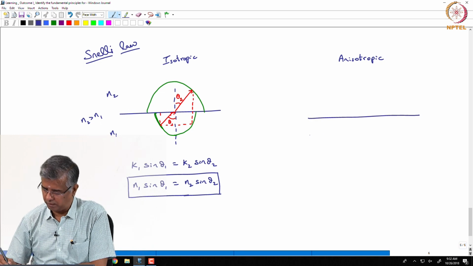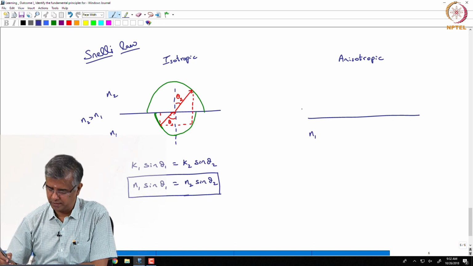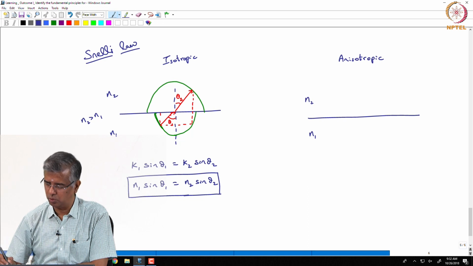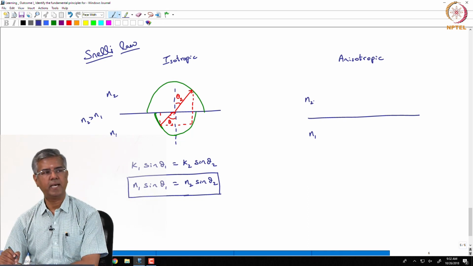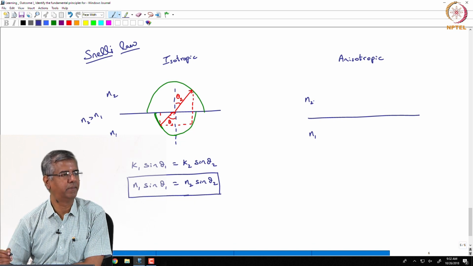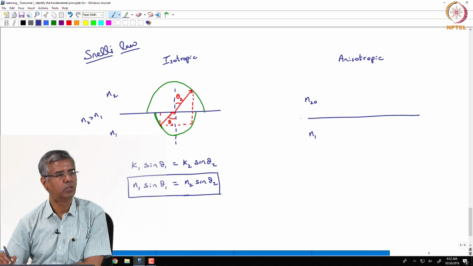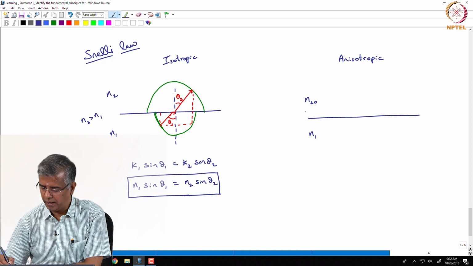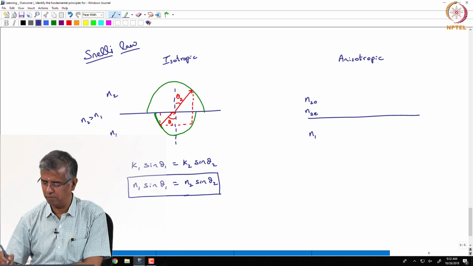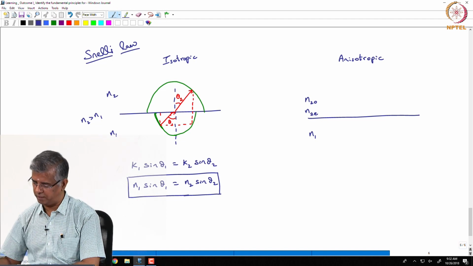So, you still have n1 representing an isotropic material, but n2 now is characterized by two different refractive indices, right. You can have n2O, which corresponds to an ordinary wave, and you also have n2E, which corresponds to an extraordinary wave.